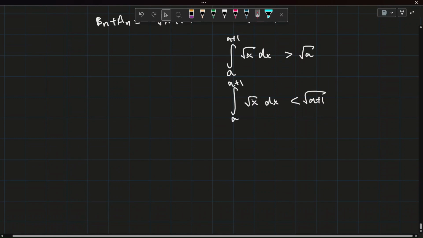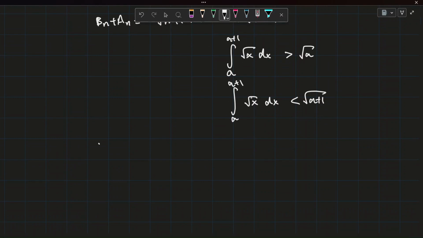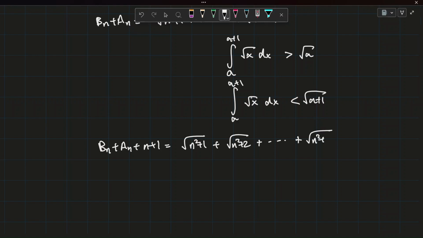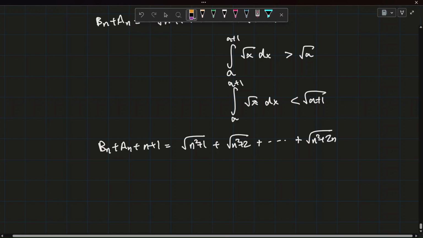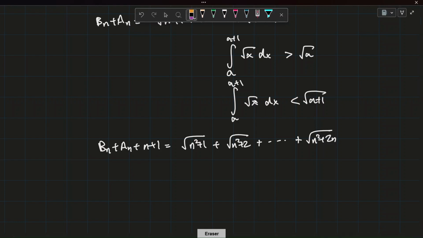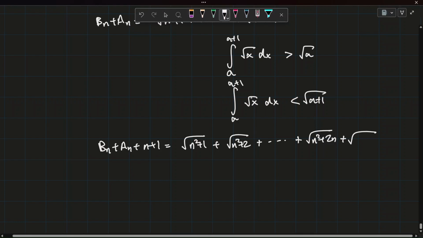So using that, let's take the expression b_n plus a_n plus n plus 1. This is equal to the square root of n squared plus 1 plus the square root of n squared plus 2, till you go to the square root of n squared plus 2n, and the last term here, which is n plus 1, will become the square root of n squared plus 2n plus 1 plus the square root of n squared plus 2n plus 1.